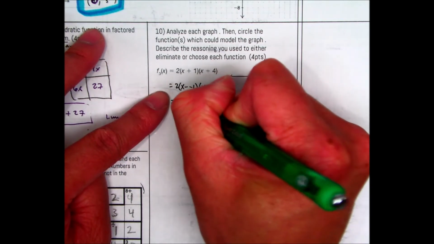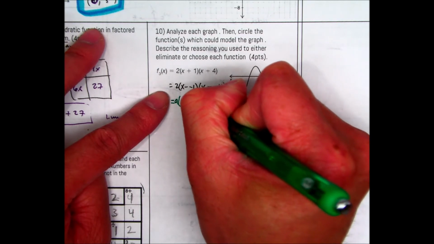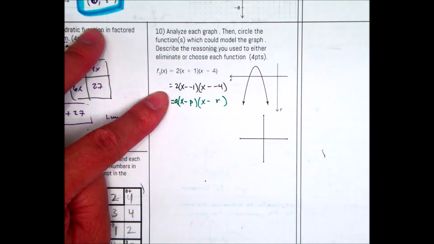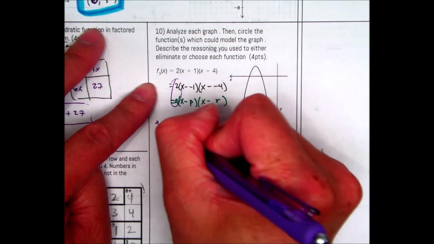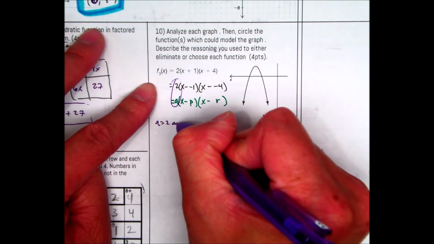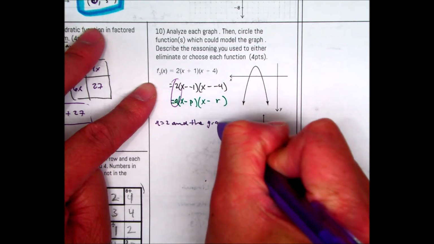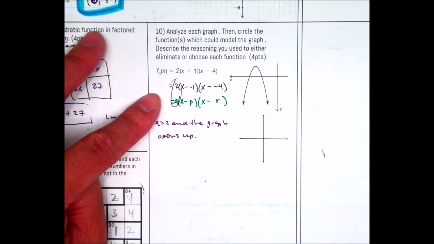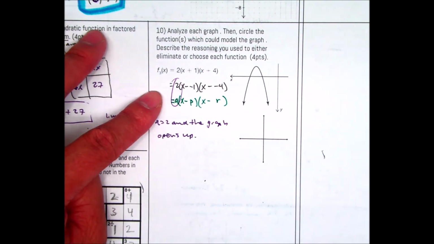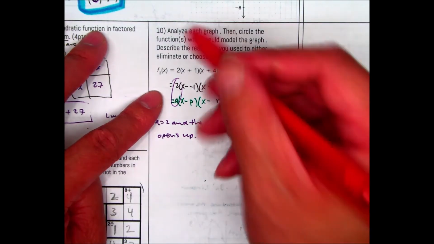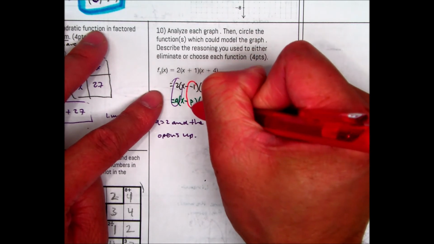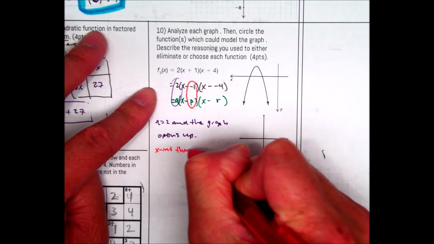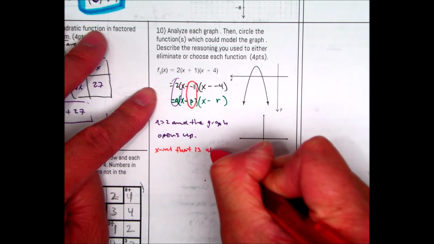a times x minus p times x minus r. That means my a value is 2, and the graph opens up from there. And then I have a p value that's negative 1, so an x-intercept at negative 1, 0.